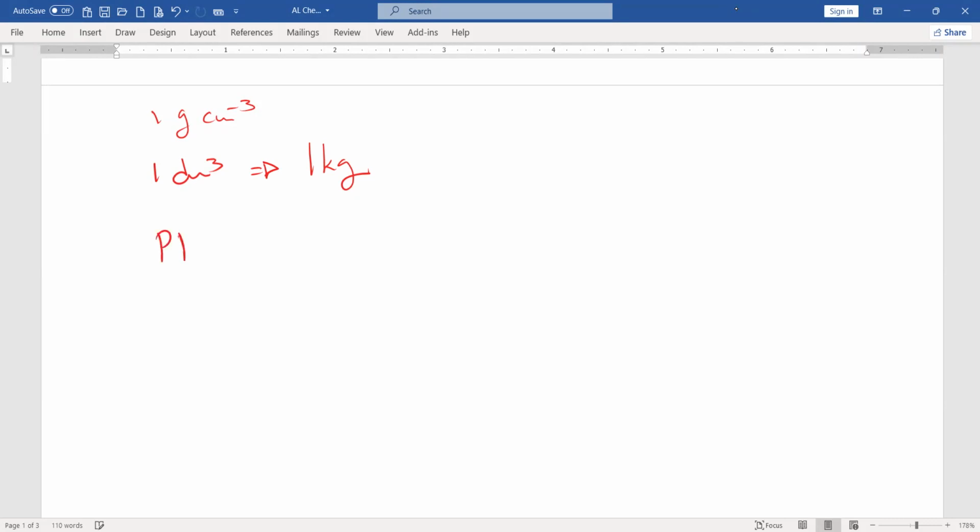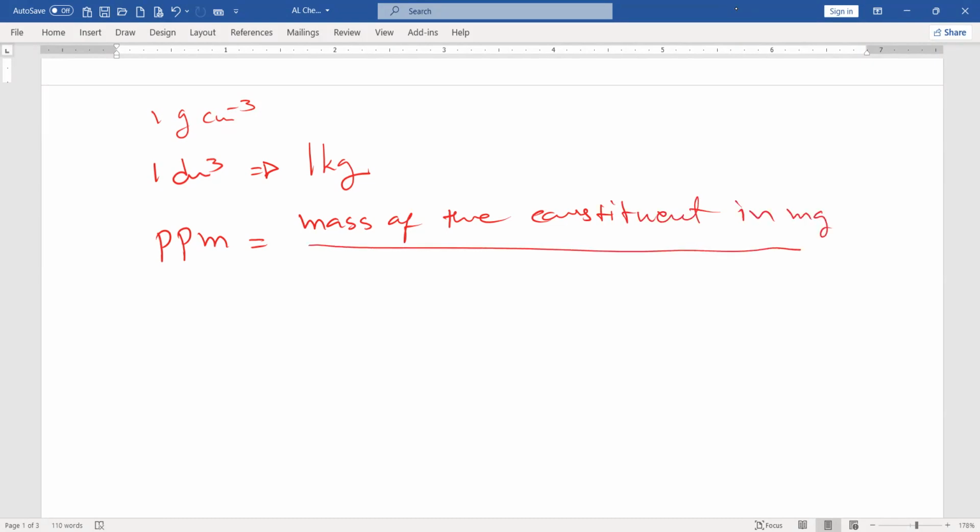So ppm can be rewritten as the mass of the constituent in milligrams divided by the volume of the sample in cubic decimeters or in liters.